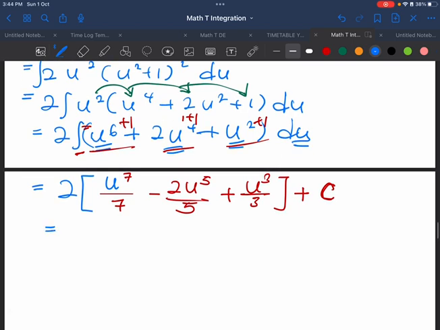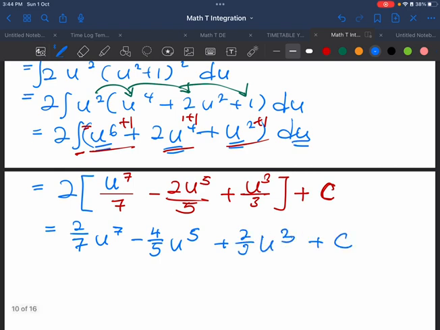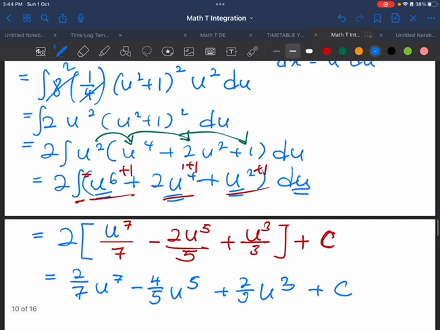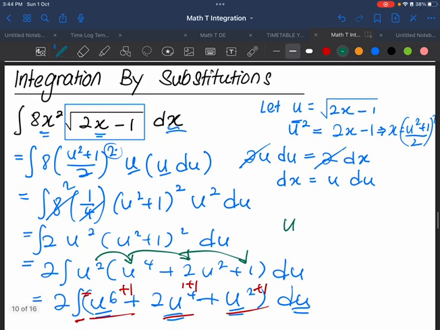Now if you further simplify, you will get 2 over 7 u to the power of 7 minus 4 over 5 u to the power of 5 plus 2 over 3 u cubed, plus c. Don't forget to change the u back in terms of x. So what is u? u is equal to the square root of 2x minus 1, which is 2x minus 1 to the power of half.